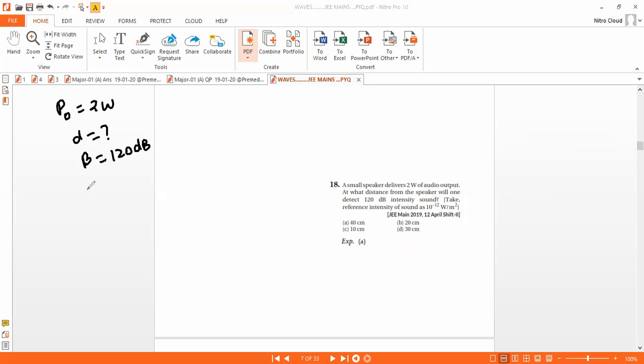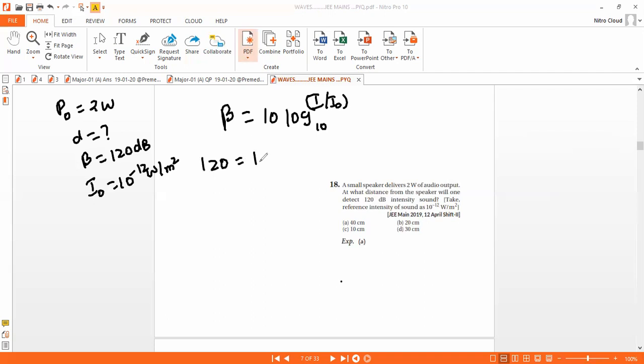They gave the reference intensity of sound as 10 power minus 12 watt per meter square. We know that beta is equal to 10 times log I by I naught to the base 10. Similar formula we got in transistors also. So 120 is equal to 10 times log I by 10 power minus 12 to the base 10.